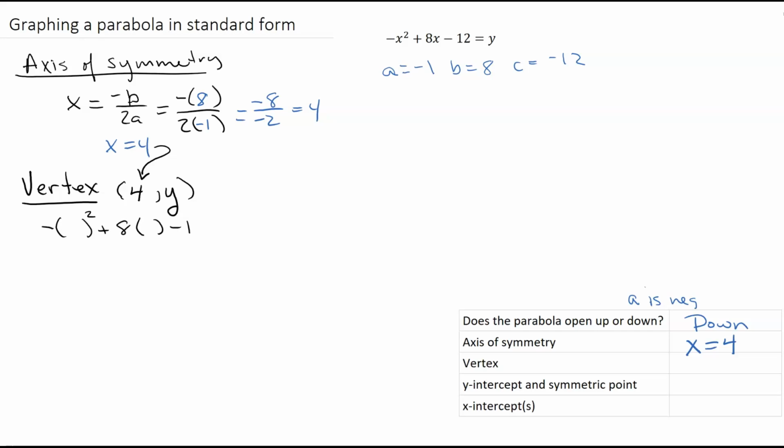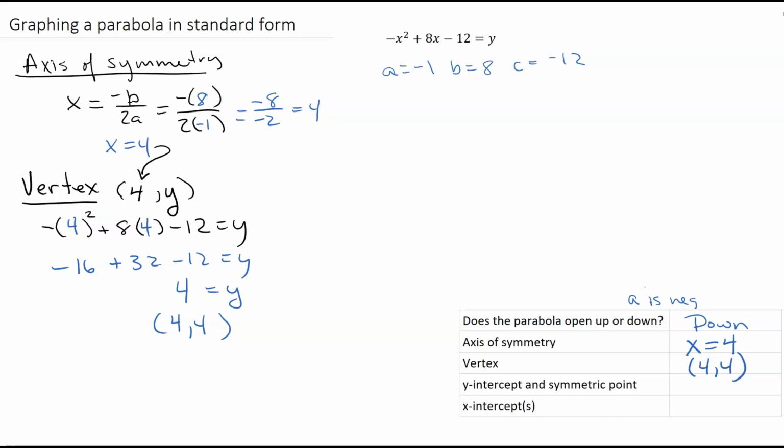And then I'll be able to solve for y. In this case, the y-coordinate was 4, so I can write my ordered pair 4, 4. So now I know my vertex.